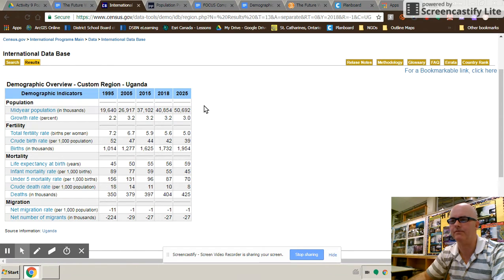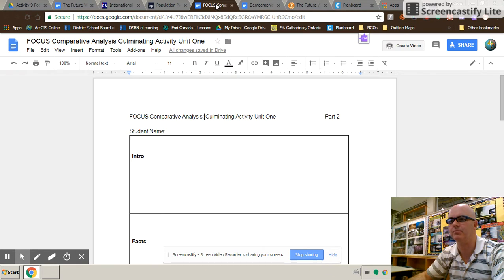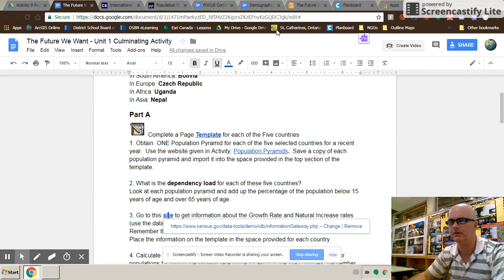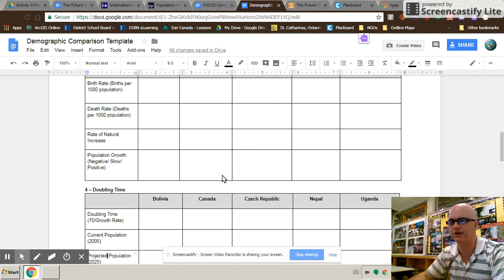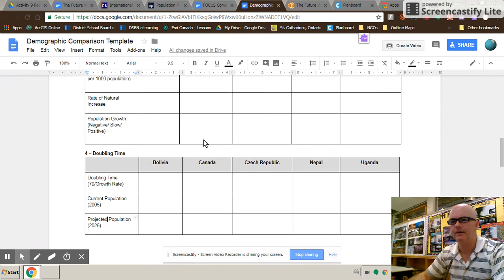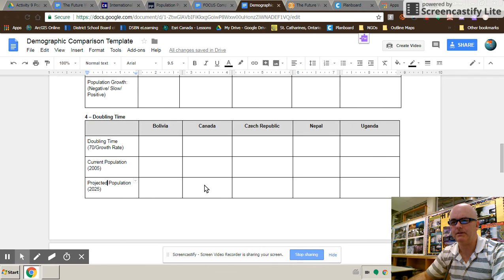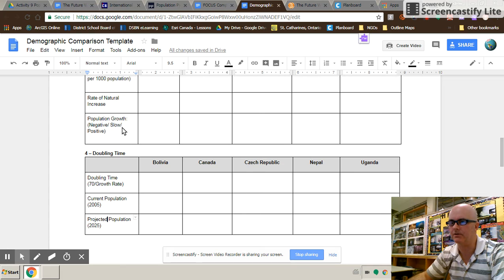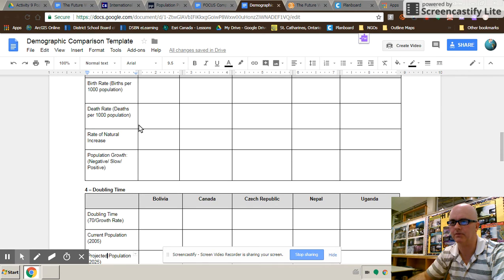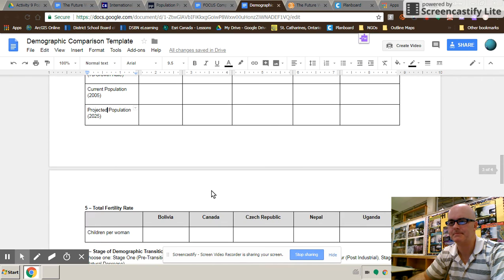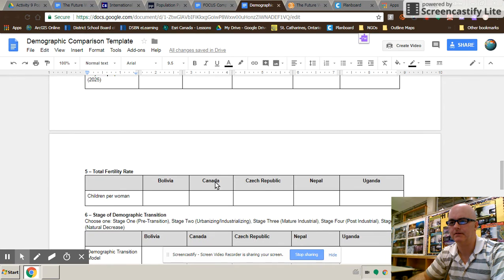So all that information I'm going to take and put into my chart here. So I can calculate this, and I can calculate the doubling time. Remember, once you calculate population growth back here, where you take birth rate minus death rate, you can calculate your doubling time by taking 70 divided by whatever your growth rate is.